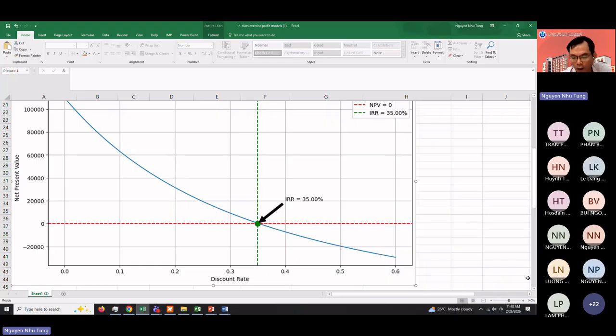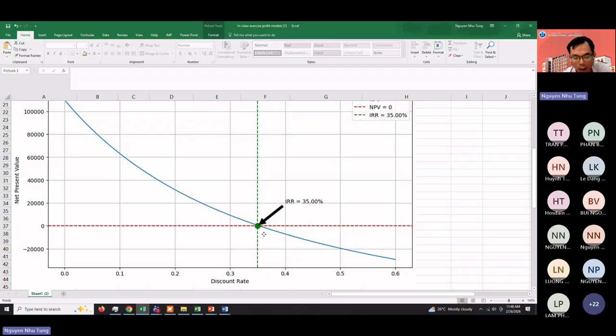Now, on the other hand, if the company wants a higher rate of return, let's say the company wants your project to return 40%, 0.4 here. You look at your project here, and your project has the NPV curve like this, and 40% meets the curve at this point, below the 0 point.